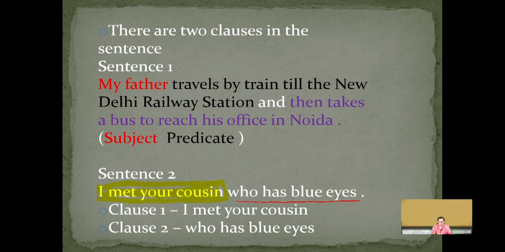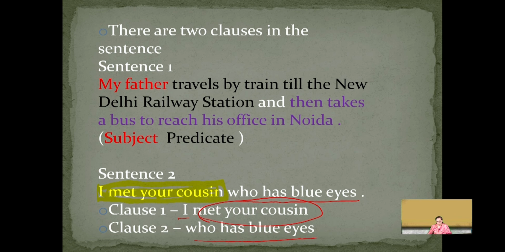When it has a subject and a predicate, right? So the first clause was making complete sense, but in the case of the second clause, who has blue eyes, the subject is missing. Therefore, this kind of a clause is labeled as a subordinate clause. It will always require the help of a main or a principal clause in order to make full, complete sense. So I hope this is clear to you.